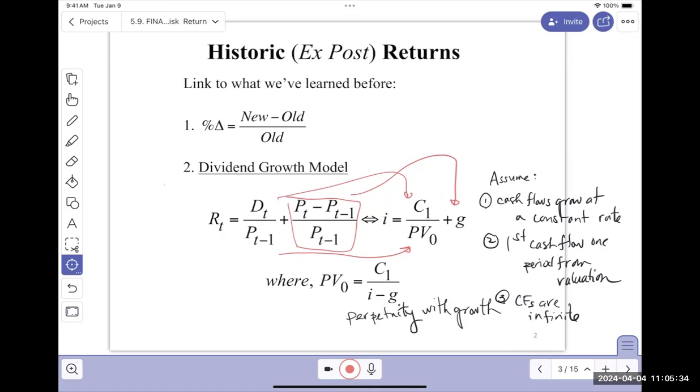Okay, so in fact, this is our first model. I'm going to call this model 1. If you can make those kind of assumptions, you can estimate using what's called the dividend growth model. You can estimate the discount rate or the interest rate or the hurdle rate or the rate that you use as your required rate of return.